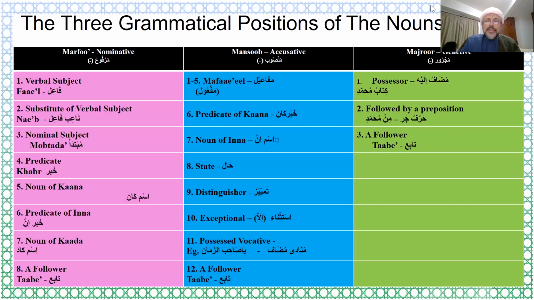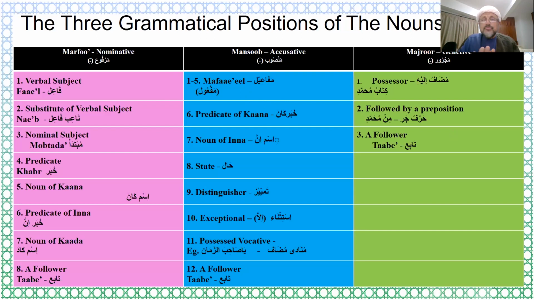So now we spoke today about the marfu'. They call it nominative. Don't worry about this nominative, accusative, and genitive. Don't worry about these words, because knowing the meanings of these words is another hassle. So just say marfu'.